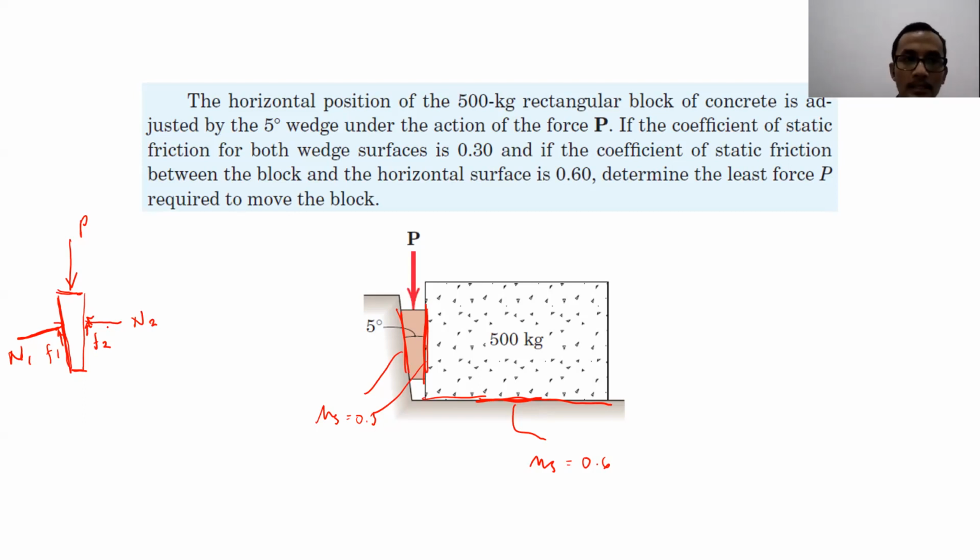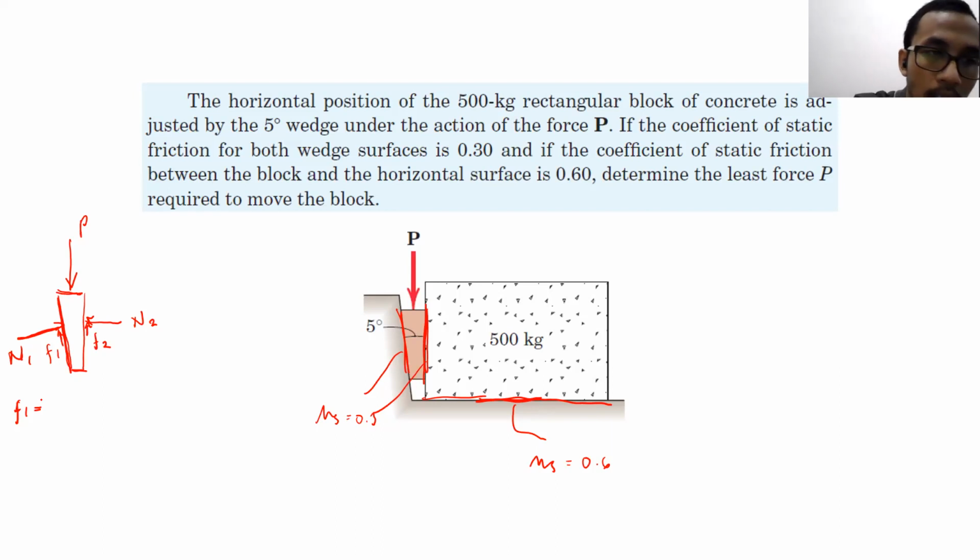But the question here is the value of P in order to move the block. So in this case, you have to remember that friction force is at its limit, because it's the least force needed to move the wedge and the weight as well. So it's supposed to be in the impending motion condition.